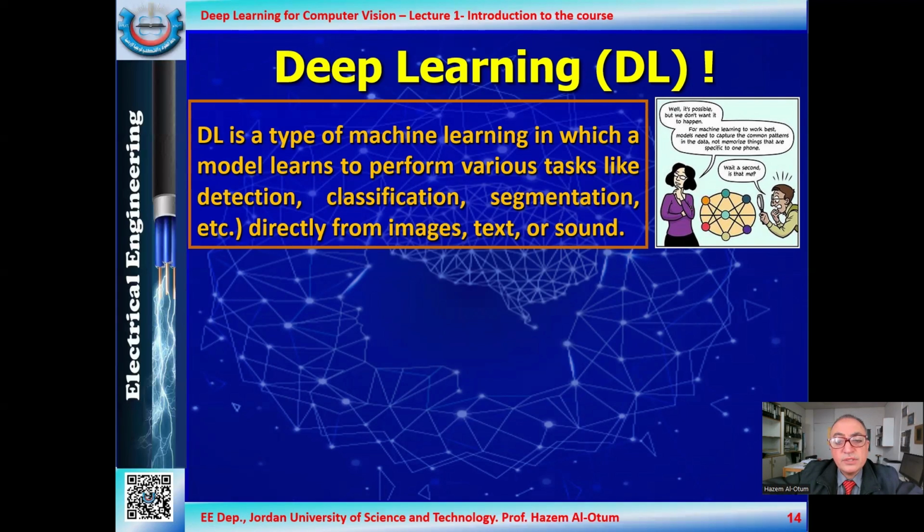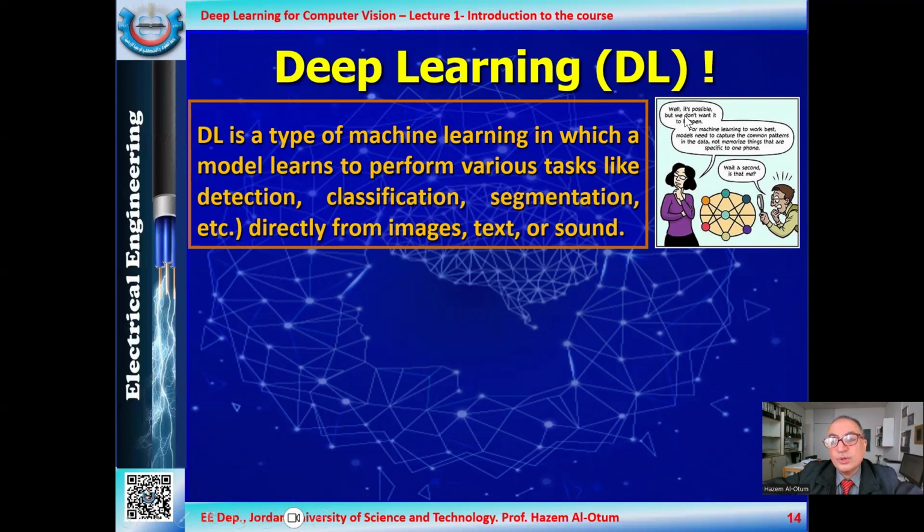What we mean by segmentation here is to segment that this is, for example, person 1, person 2, and this is a car, this is a traffic light, etc. This can be done directly from images, from videos, from text maybe, and also from sound.